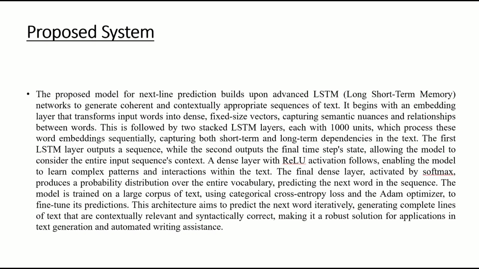The first layer produces a sequence of outputs, one for each time step. These process the word embeddings sequentially, and the second layer produces the final time step. This captures the long and short term dependencies and overall context of the entire input. Through this, it is able to predict the next word.